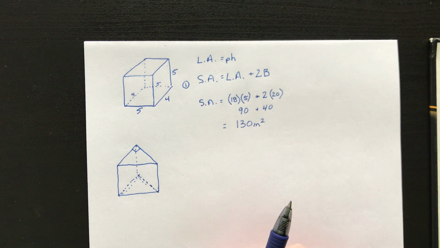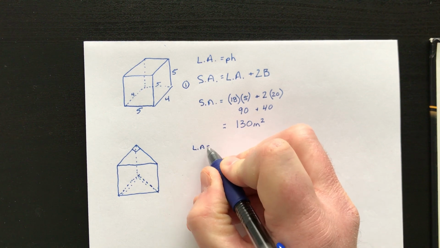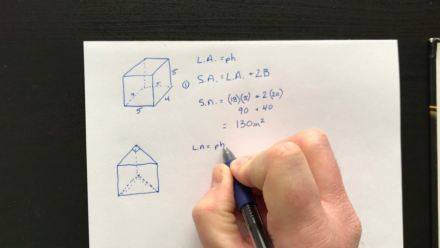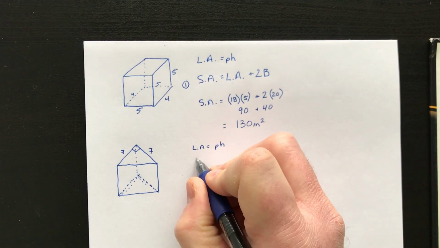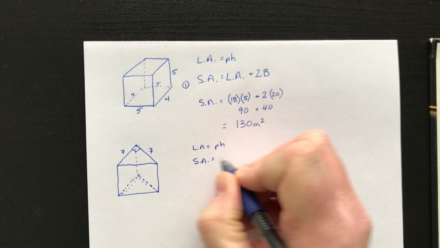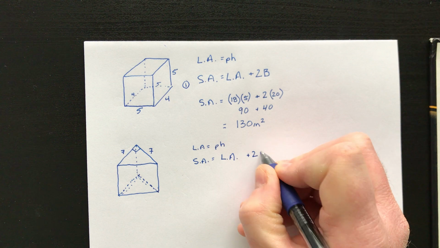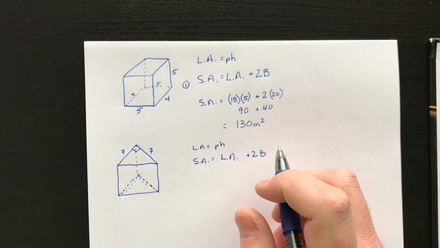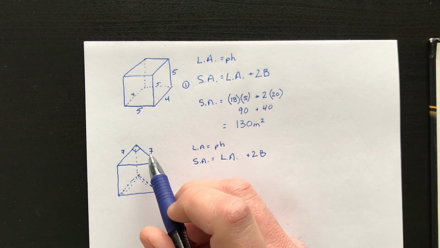So we're going to do the surface area of a triangular prism here. Once again, lateral area is equal to P times H, perimeter of the base times the height. And they tell us this is 7 and 7. The surface area is going to be your lateral area plus 2 times the area of your base. And the area of our base is a triangle, which is 1/2 base times height. Now, look at what we got here.